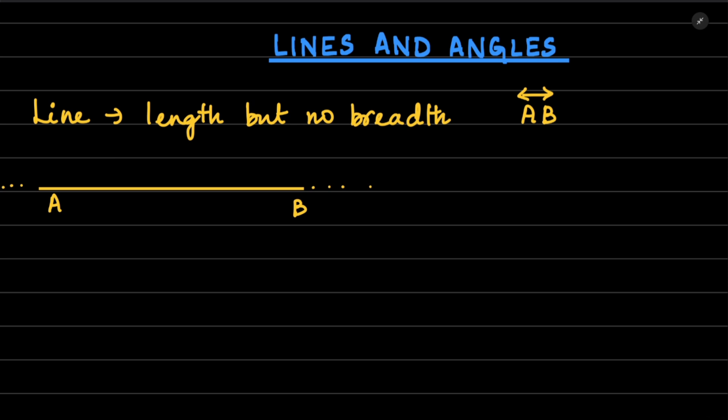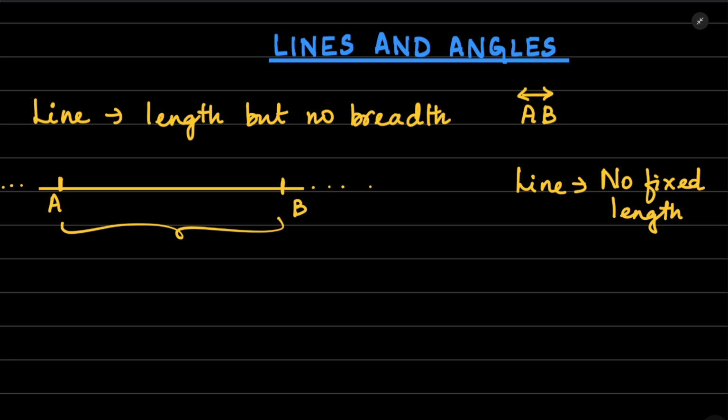Now, a line has no fixed length. But if you are taking a small part of a line that has a starting point and also an end point, that means you are taking a small segment of the line, then this is called a line segment.